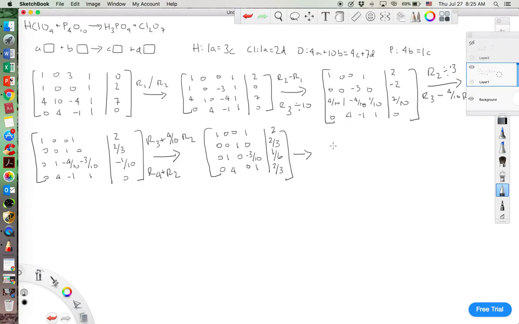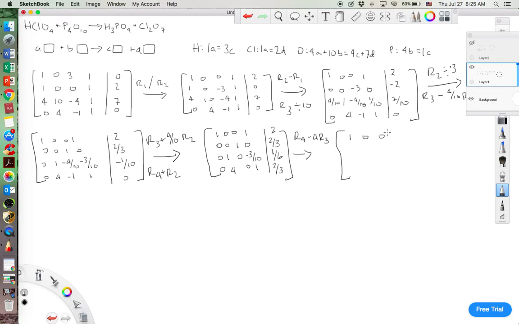Next, we'll take R4 minus 4R3. That'll give us a 0 in this place here. And then after that it'll be smooth sailing.